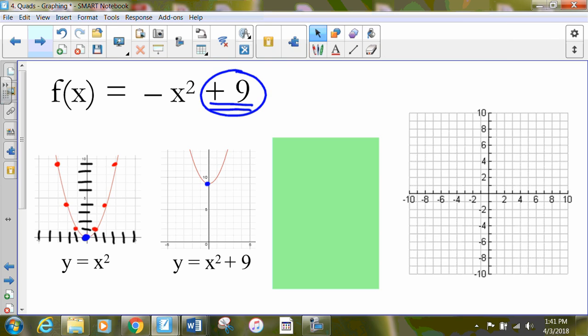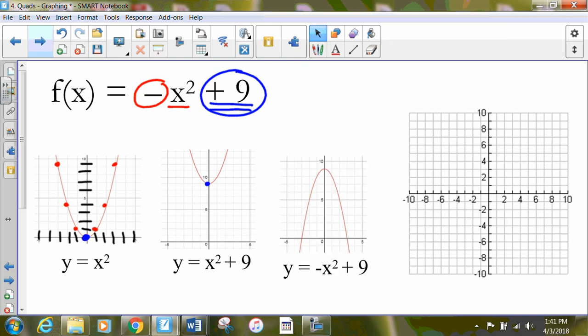We learned that sometimes there's going to be something in front of our x squared. In this case, it's a negative. Sometimes it's 5 or a negative 1/2. But that's going to mess with the pattern. And so a simple way to think about it when we see a negative is that it takes the whole graph and it flips it.